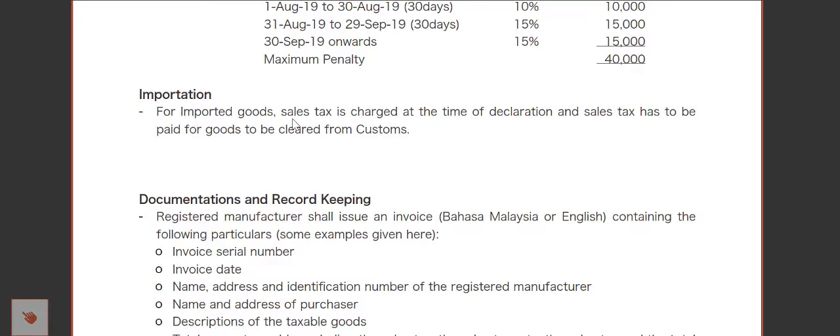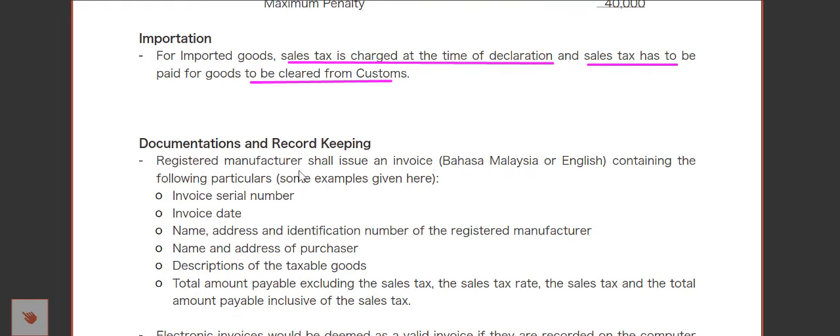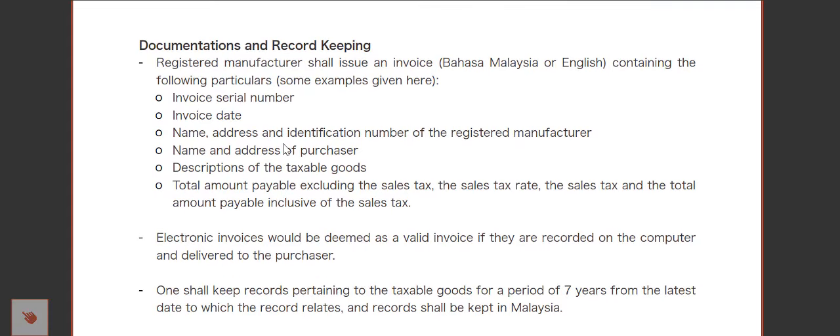That's why the sales tax will be charged at the time of declaration, and you have to pay all the sales tax before you can clear the goods from customs. Meaning, the day you want to take the goods out from customs, you have to settle all the sales tax.